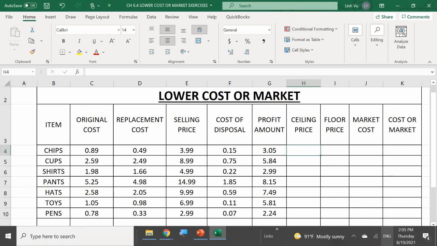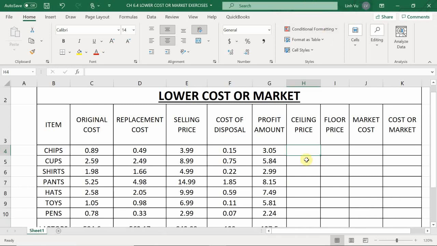Now, of course, you originally sell these at $3.99, and the cost for you to dispose of it is going to cost you 15 cents per bag. The amount of profit you're trying to get out of each bag is $3.05, because you're trying to market it at $3.99 but you purchased it at 89 cents, so you're trying to keep your profit margin at $3.05 per bag. Okay, so let's determine the ceiling price.